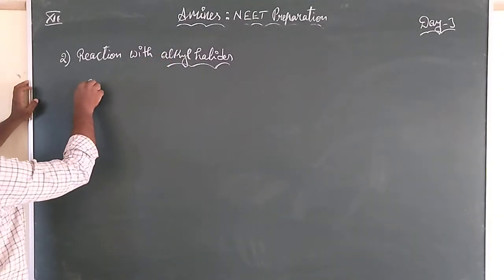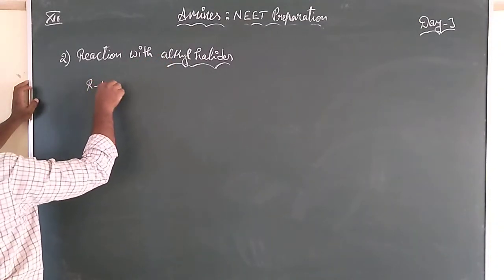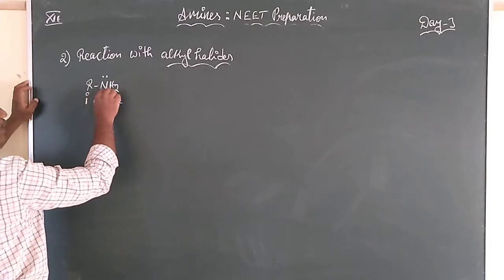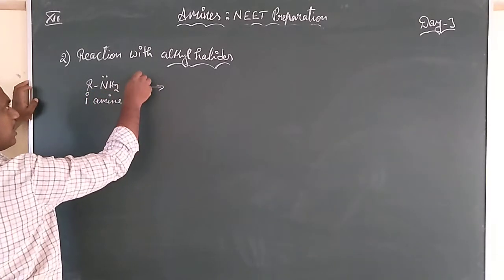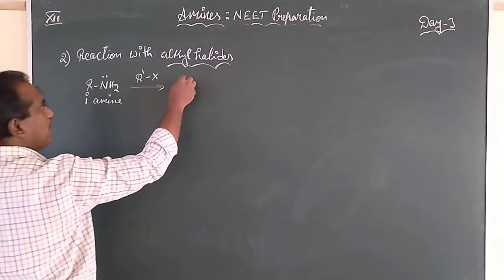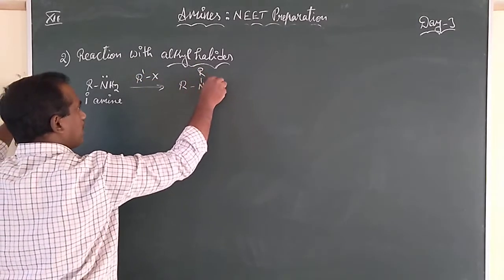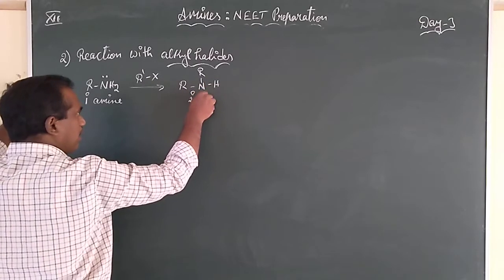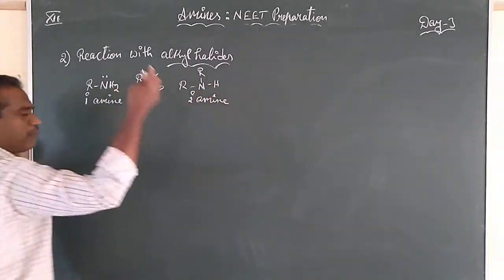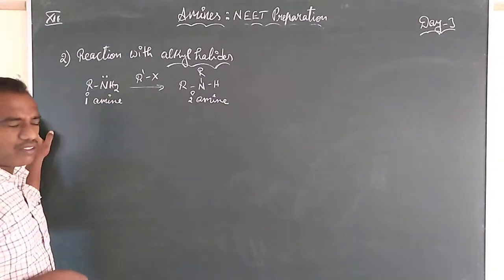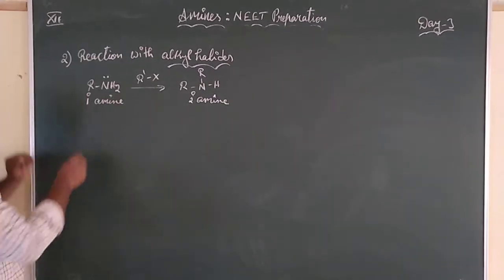Any amine, like a primary amine, if you react it with any alkyl halide, it will form the secondary amine. And they will form a mixture of quaternary ammonium salts. So we are not going to waste our time by stopping here.